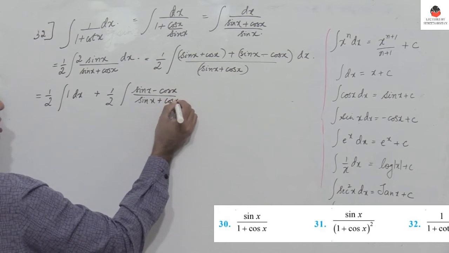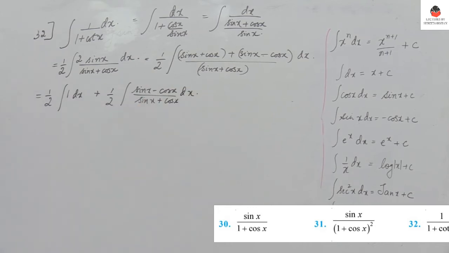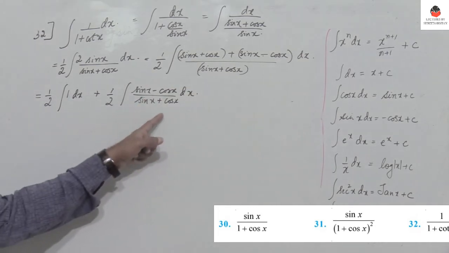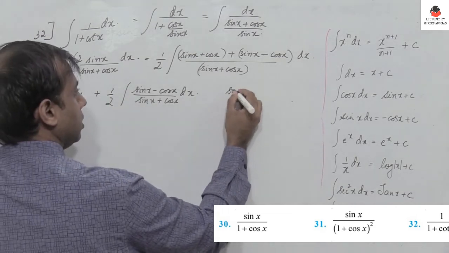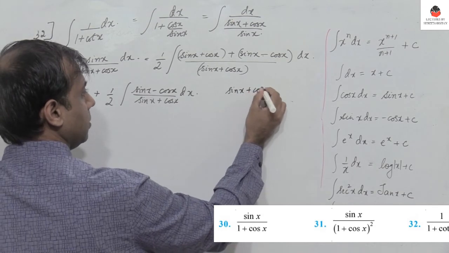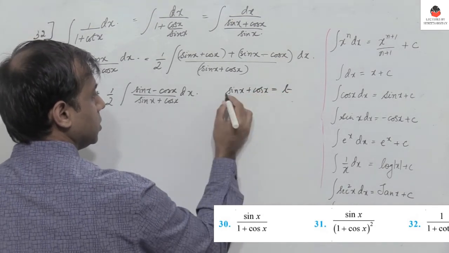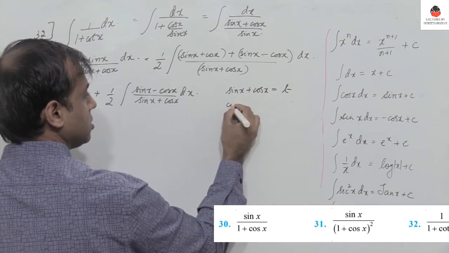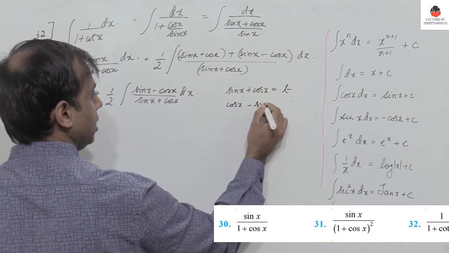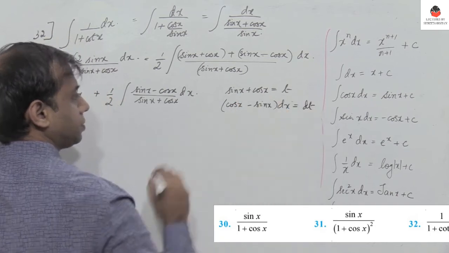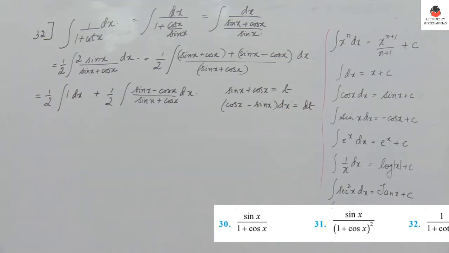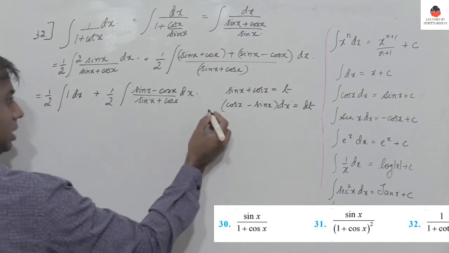Right, so now here let me substitute sin x plus cos x equals t. So I make the substitution. Differential of sin x plus cos x is cos x minus sin x dx equals dt. But what do we need? We need sin x minus cos x. So what should I do? Let me take a minus sign here.